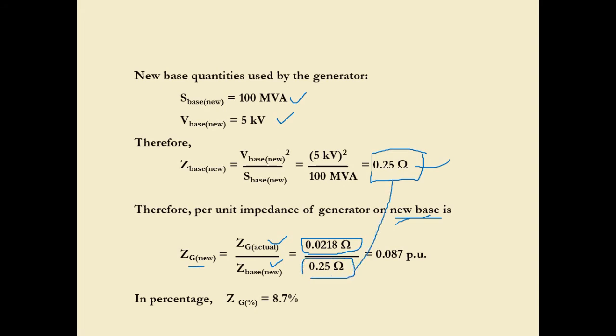You take the new base over here. So giving us the value of new Z as 0.08287 PU, or in percentage, just multiply by 100%, yielding Z G percentage equal to 8.7%.